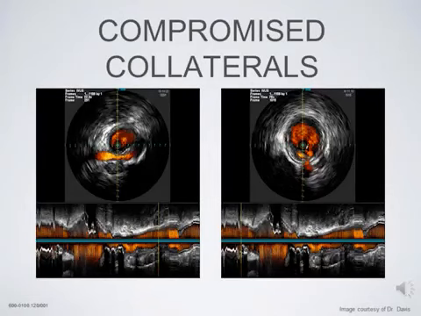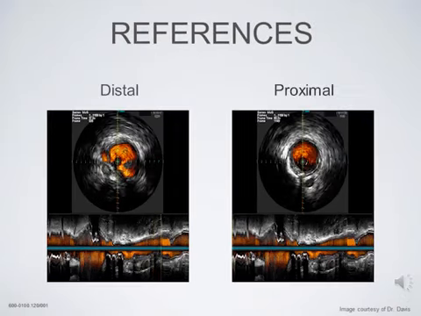By IVUS, you can see the collaterals. You can see the vessel on the top of the screen, collaterals being compromised, coming into it on both sides. These are the distal references, where you can see the distal reference and the proximal reference.